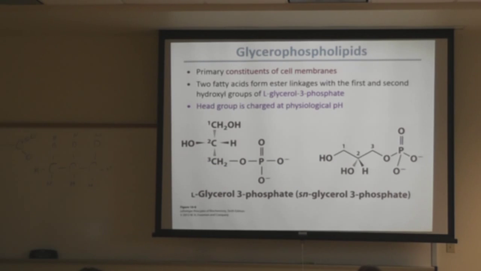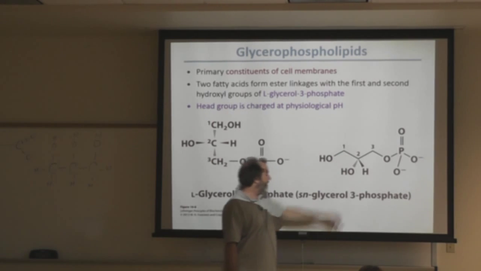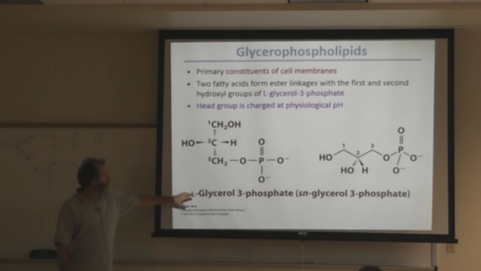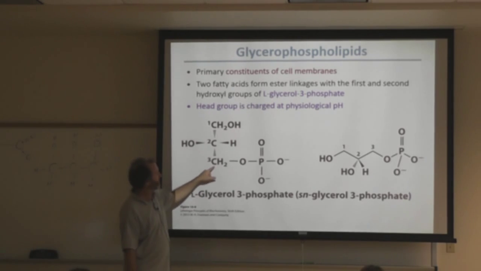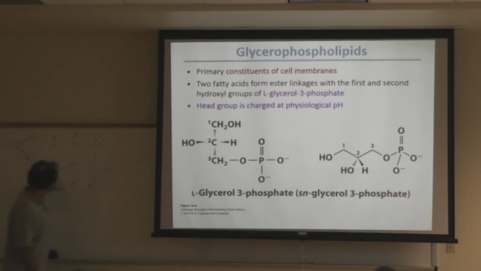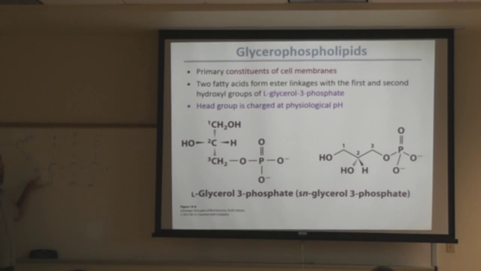So the primary constituents of all membranes are glycerophospholipids, which means you have glycerol phosphate or L-glycerol 3-phosphate that gets that L designation. Normally if you just have glycerol, it's basically the same front and back, right?